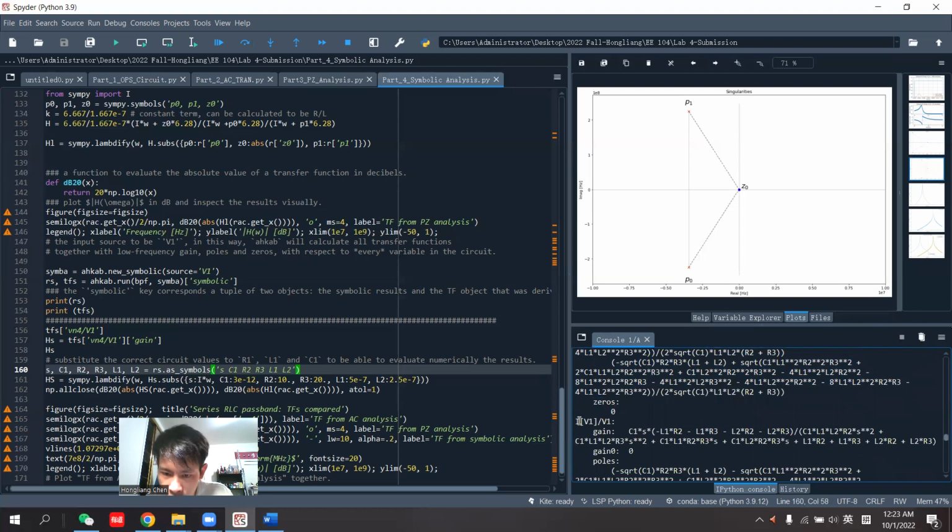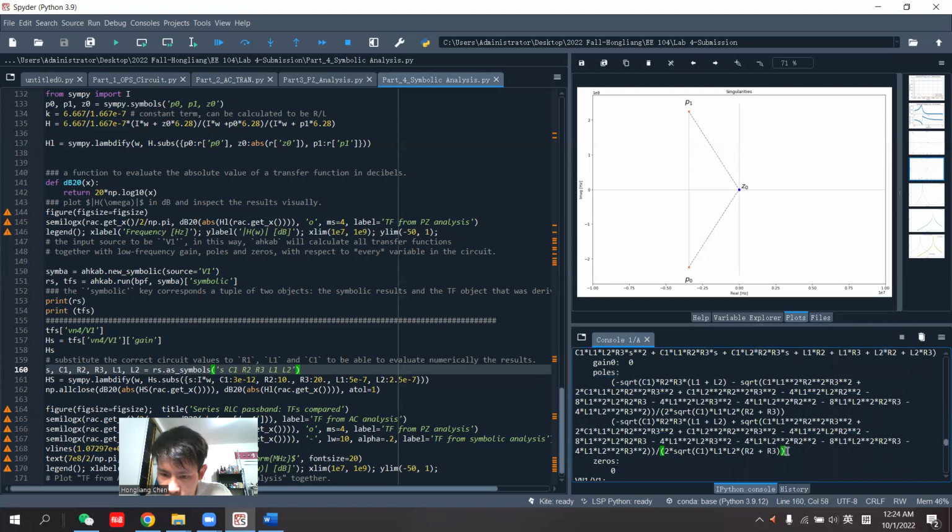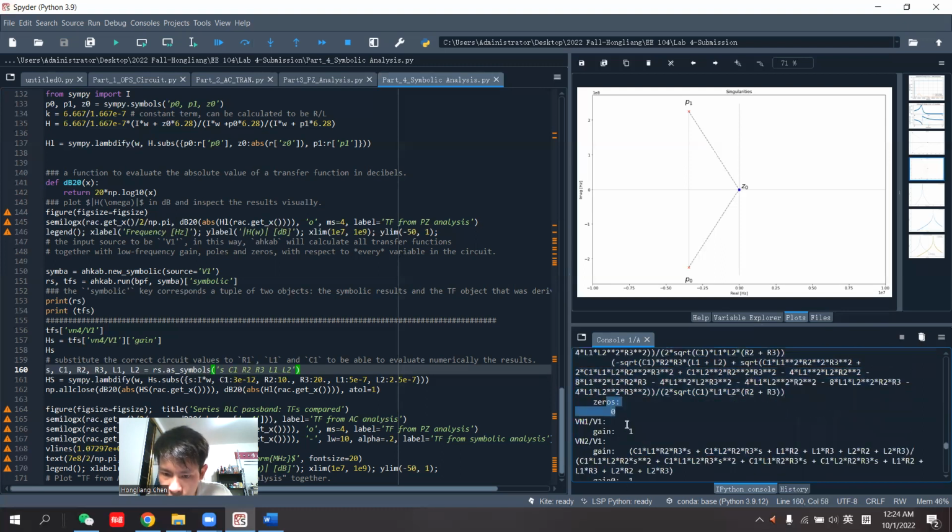For the third case, for the current flowing through the voltage source, I have the transfer function shown like this, and I could also find the pole by using these two formulas, and the zero is also zero for the fourth transfer function, which is 1.